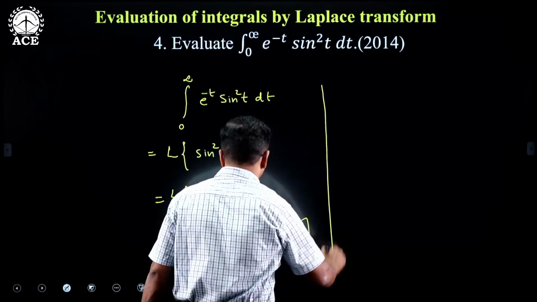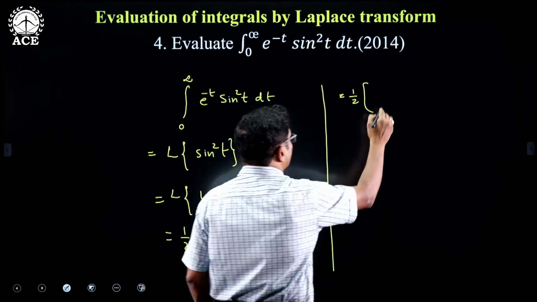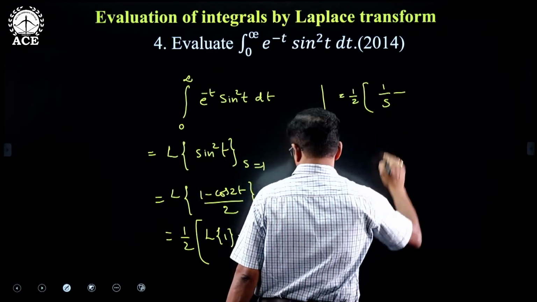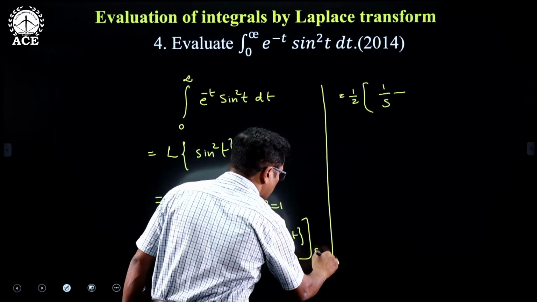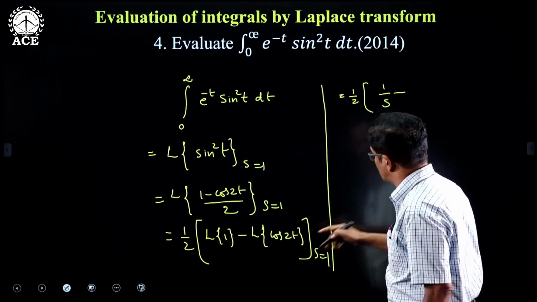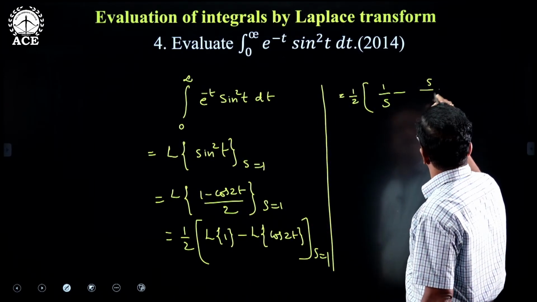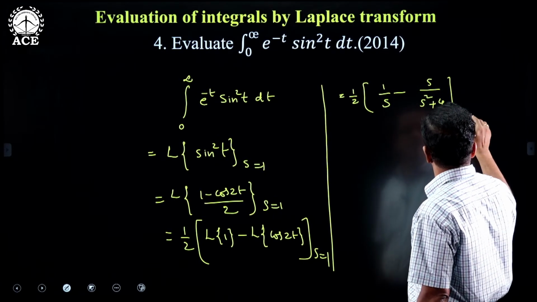So which is equal to 1 by 2 into L of 1 is 1 by s minus, here of course we have to give s as 1. L of 1 is 1 by s, L of cos 2t is s by s square plus 2 square, that is 4, and substitute s as 1.